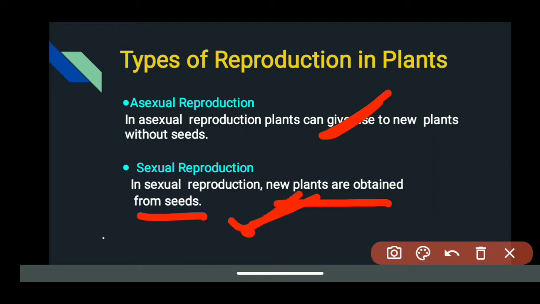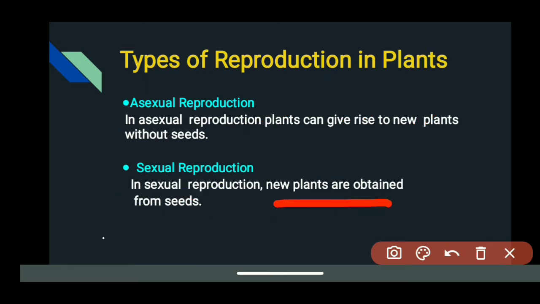In asexual reproduction there are no seeds and the new offspring develops without a seed. The point to remember is that in asexual reproduction we do not need any seed, and in sexual reproduction we need a seed to develop a plant.